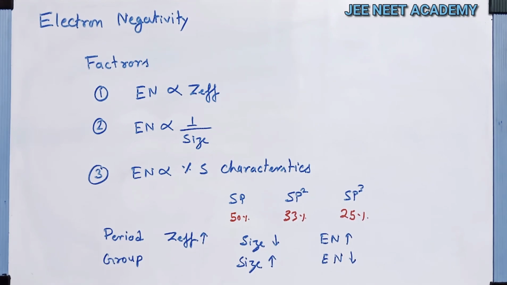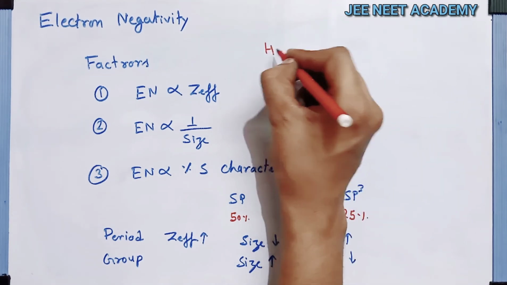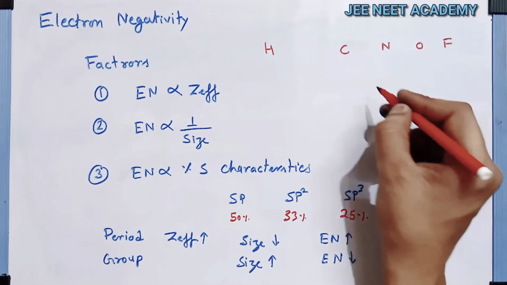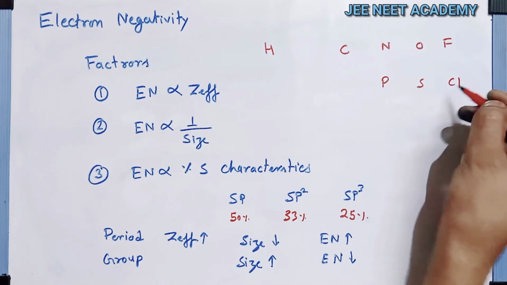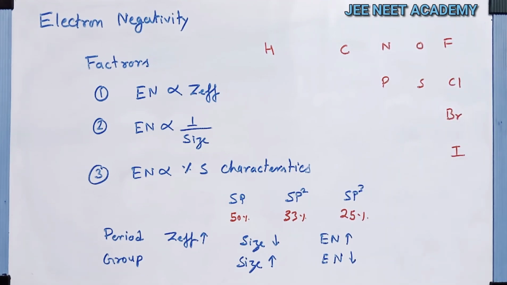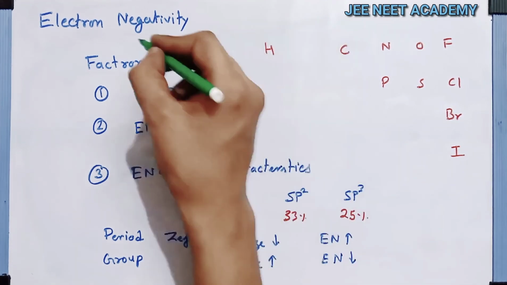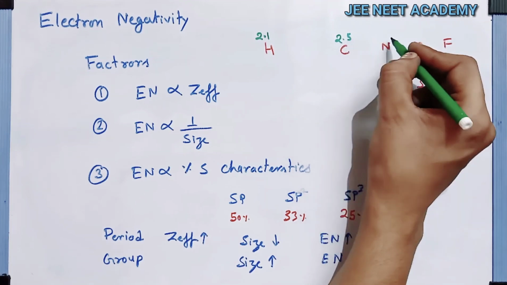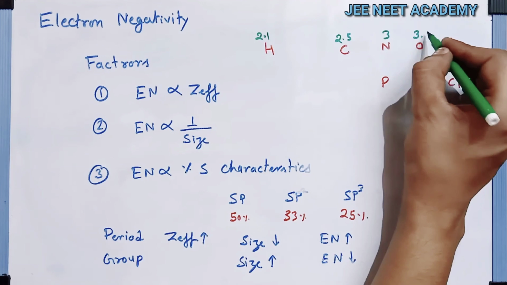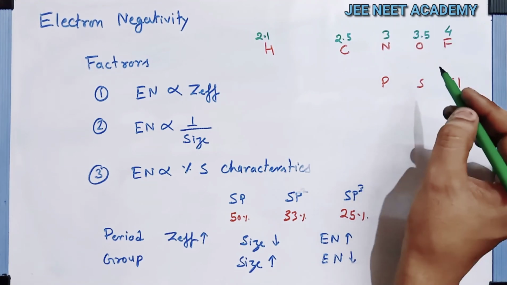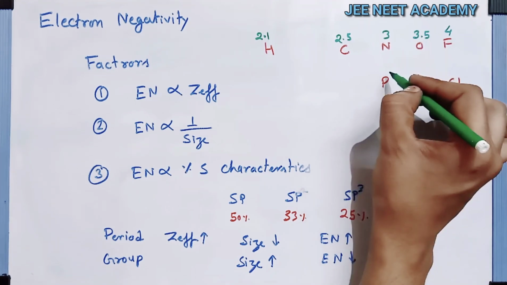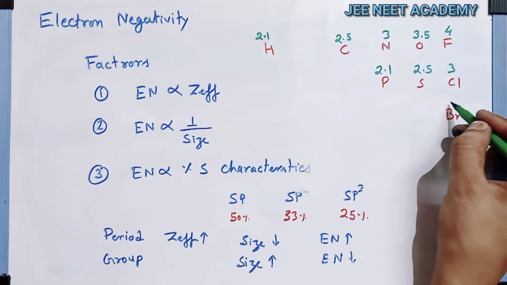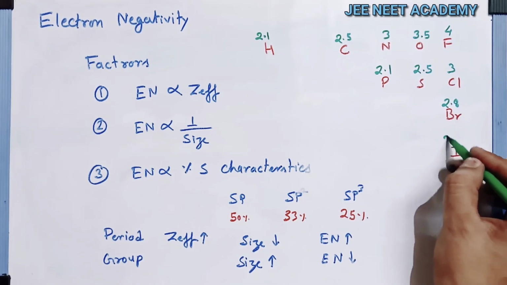Now there is a scale for electronegativity, the Pauling scale. In the Pauling scale, for elements like hydrogen, carbon, nitrogen, oxygen, fluorine, phosphorus, sulfur, chlorine, bromine and iodine, the electronegativity for hydrogen is 2.1, carbon 2.5, nitrogen 3, oxygen 3.5, fluorine 4, that is the highest, then phosphorus 2.1, sulfur 2.5, chlorine 3, bromine 2.8, and iodine 2.5.